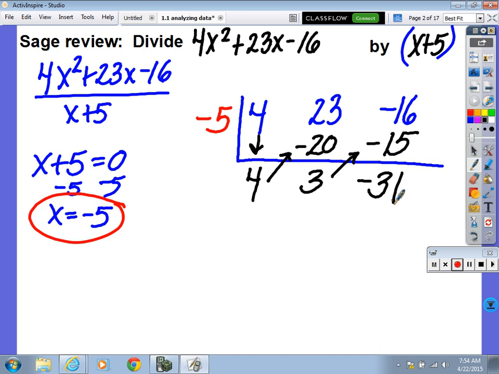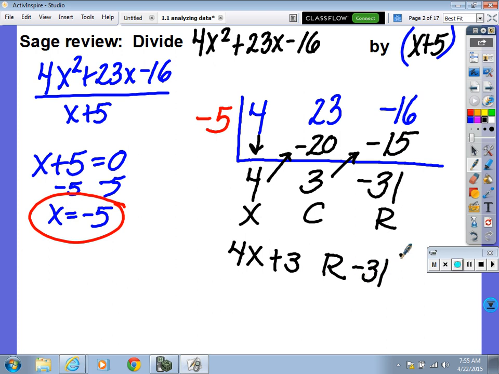Okay, so then you start at the very bottom of your list here and you work your way up. So this must be our remainder. If that's our remainder, then this is our constant value. If this is our constant, then this is our x. So this polynomial becomes 4x plus 3 with a remainder of negative 31.